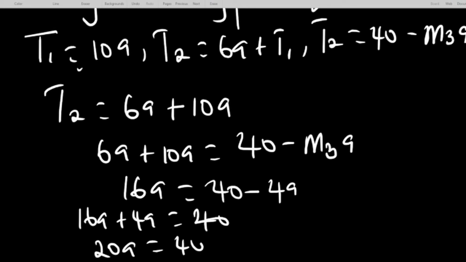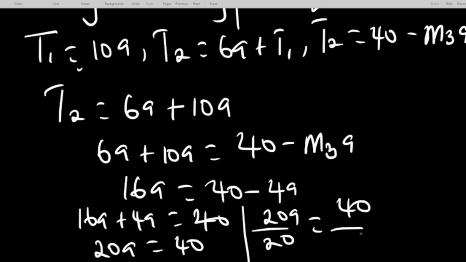This is equal to 40. So when we divide both sides by 20, we have 40 divided by 20. Our A is equal to 2 meters per second squared. So this is the acceleration of the system.